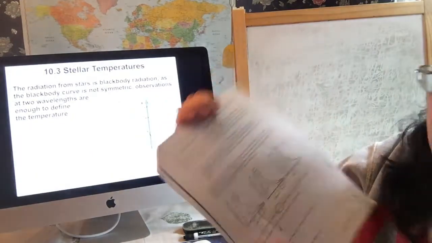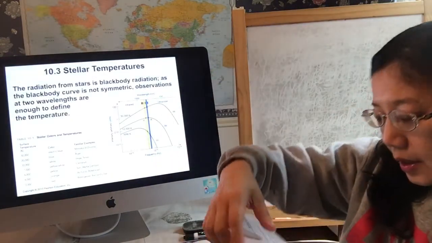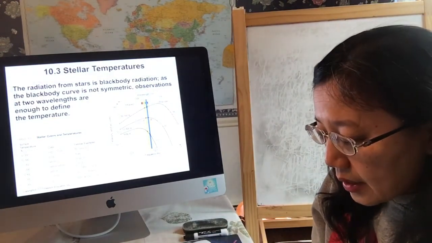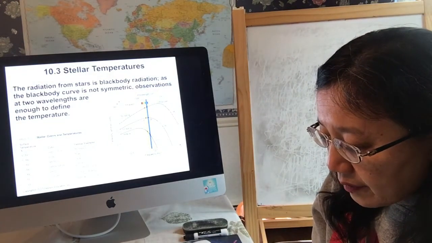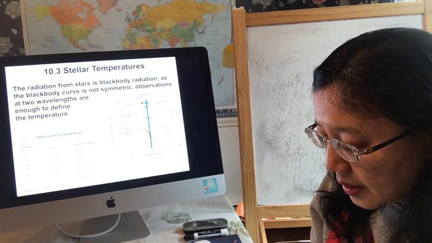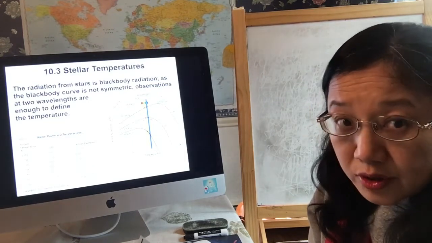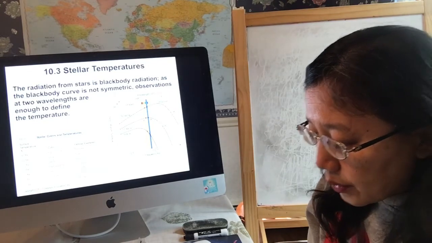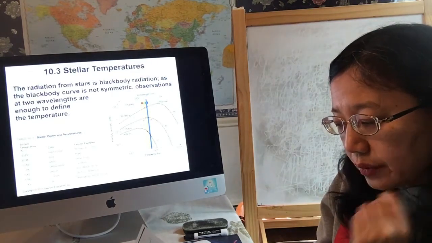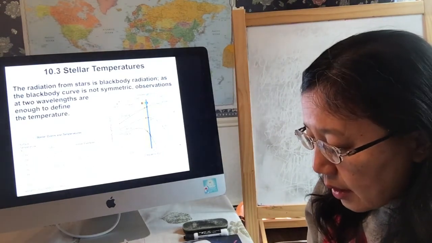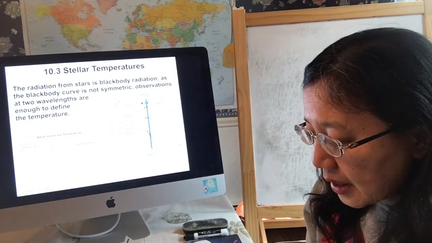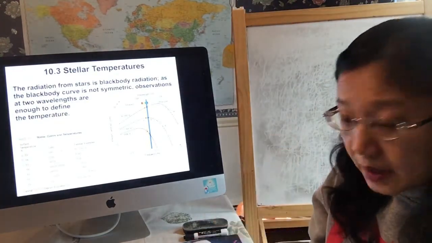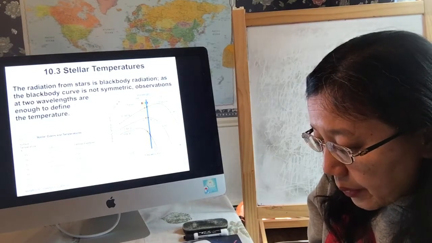So if you answer question number 10, they're going to have the same peak wavelength. If they have the same peak wavelength, they're going to have the same surface temperature. And both are going to look blue, so neither of them looks red. Both look blue, but overall the curve of A is higher than C, so A has greater energy output.